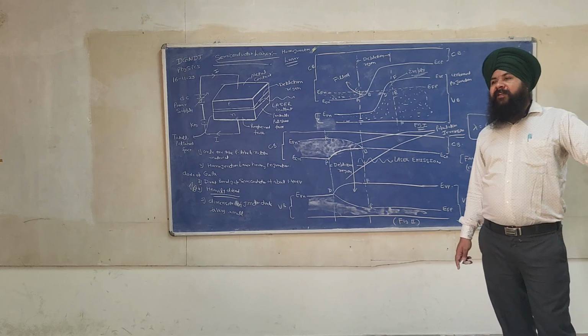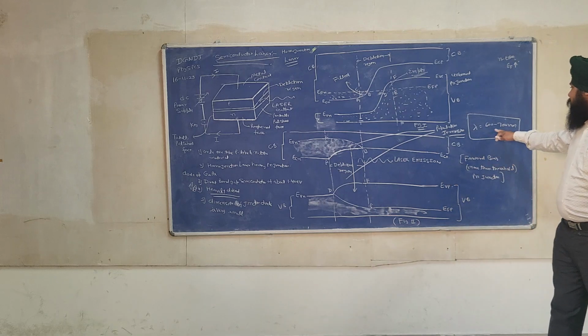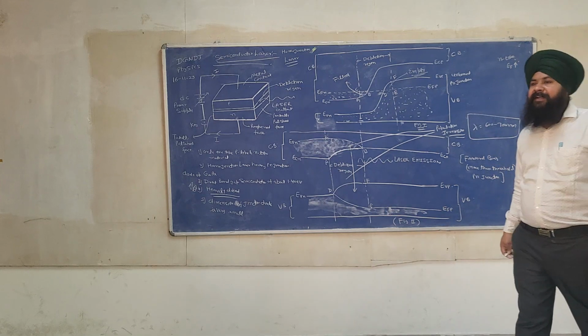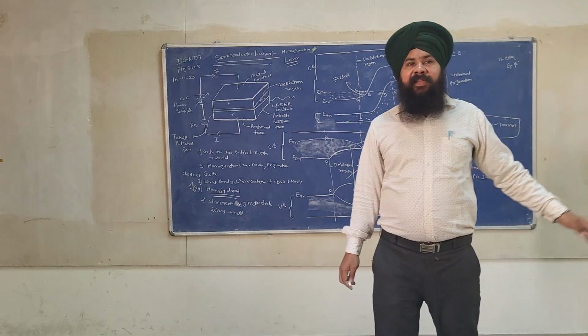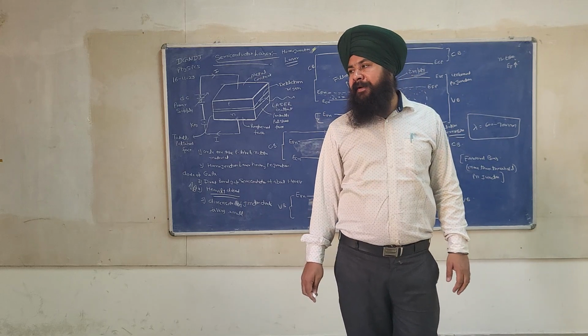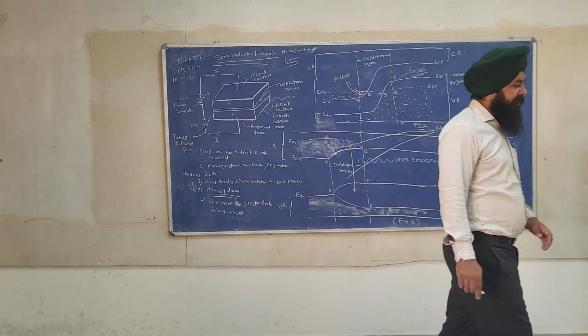Next point, the range of wavelength is 600 nanometer to 700 nanometer.